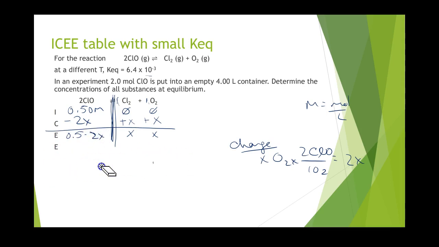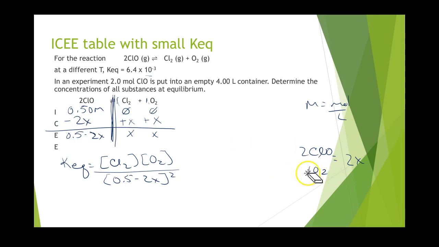And so now we're going to use the equilibrium expression to find out what X is. KEQ is Cl2 times oxygen over this squared. And to make the math easier, because the KEQ value is very small, we're going to put in X and X. And then on the bottom, I don't want you to FOIL.